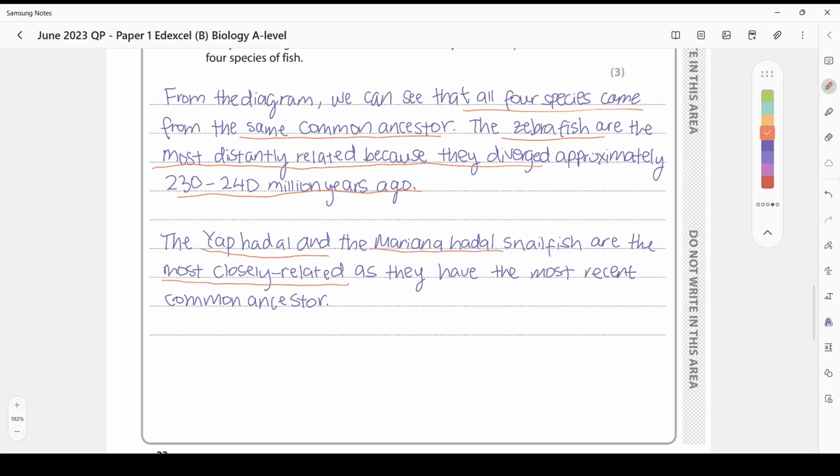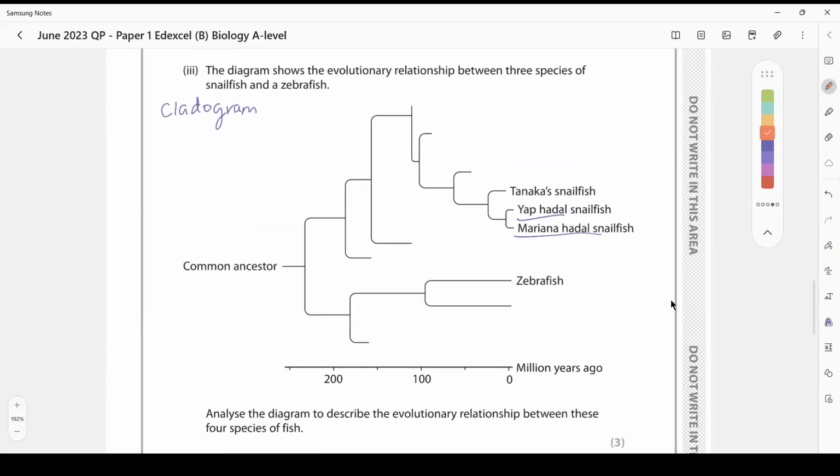That's a third mark. And that's because they have the most recent common ancestor. That would be a fourth mark. Another thing that you can also say is the Yap-Hadal, let me just circle this, the Yap-Hadal and the Mariana-Hadal both share a common ancestor with the Tucana's snailfish as well.